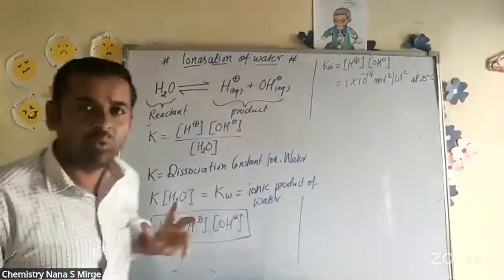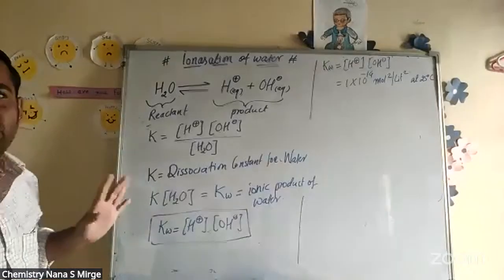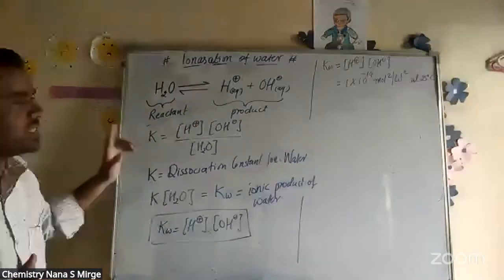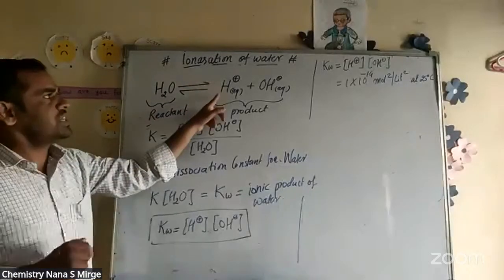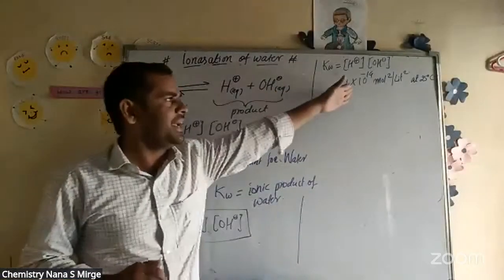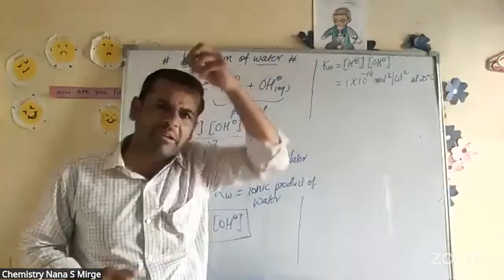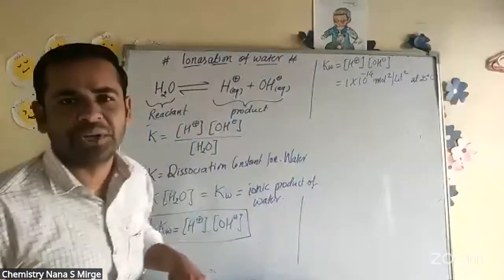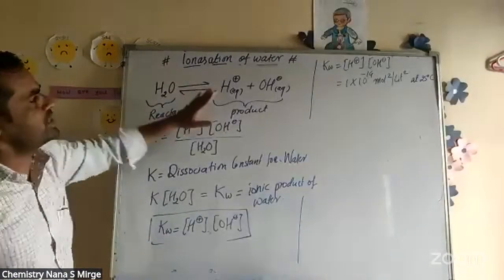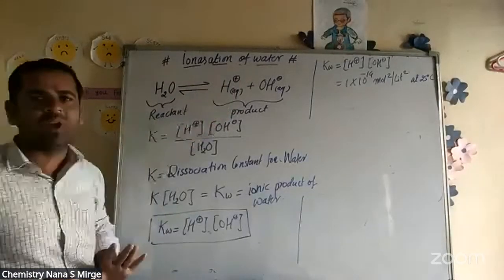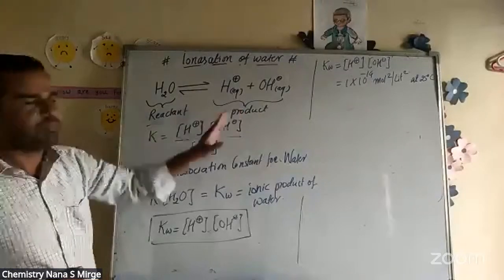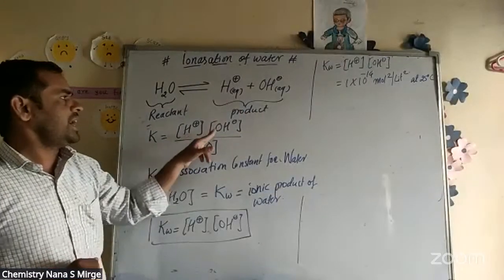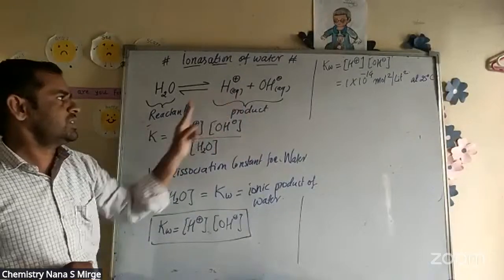Okay, how can we derive the Kw value? By using the ionic product, the ionization of water. Water can ionize, H2O can ionize. अब उसका concentration बहुत कम आया है, that is minus 14, means very little concentration of H plus and OH negative ion. So H2O is dissociated into H plus ion and OH negative ion. H2O is the reactant, that product means K. You can write K is equal to the concentration of H plus ion, that is the concentration of product.